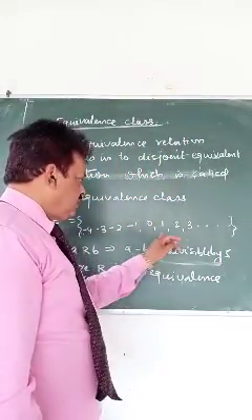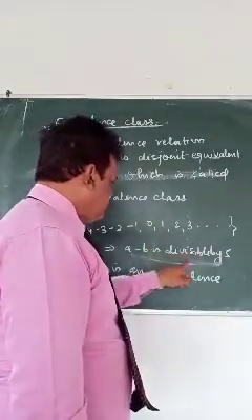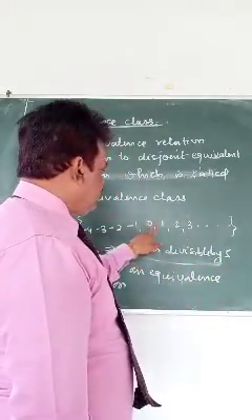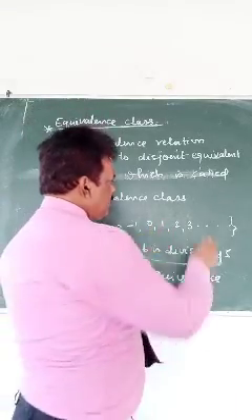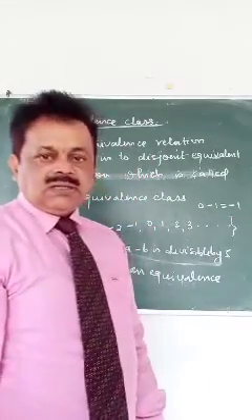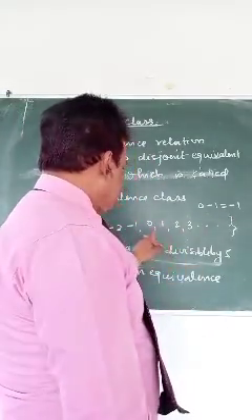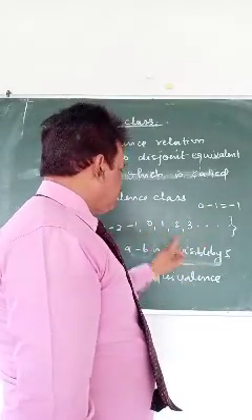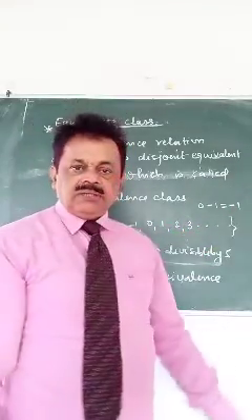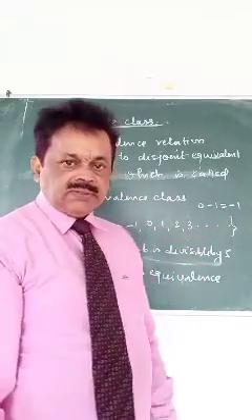That means which are the elements you take here so that they will be divisible by 5. If I take 0, 1, suppose 0 minus 1 is minus 1, not divisible by 5, so this cannot be a pair. 0, 2 also cannot be a pair because 0 minus 2 is not divisible by 5. 0 minus 3 is also not divisible by 5.